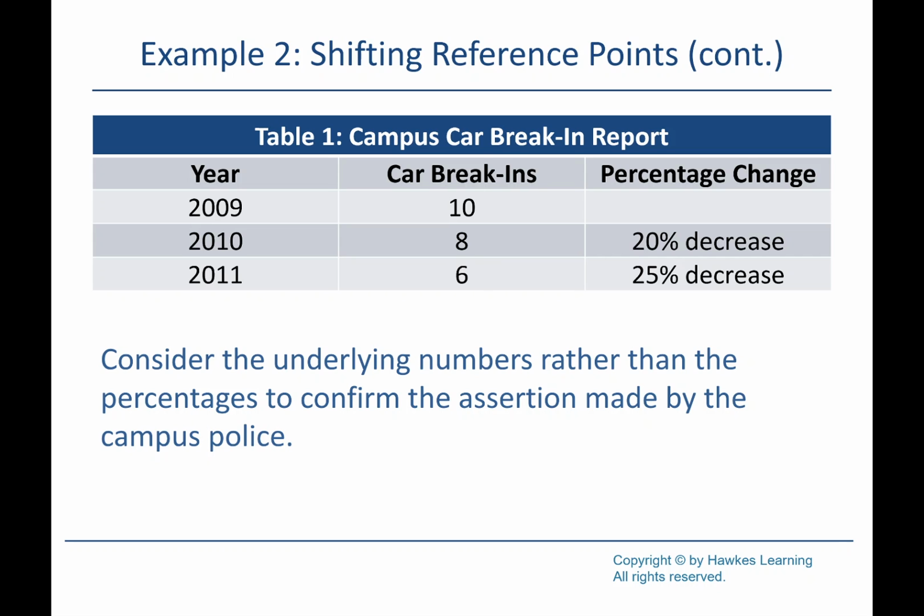The place we're referencing is changing. That's the shifting reference point. Our denominator was 10 and then our denominator is 8, and it makes the percentages misleading. So something to watch out for.